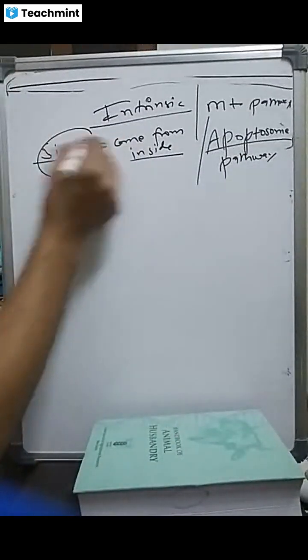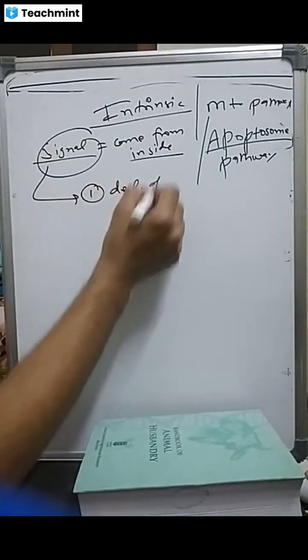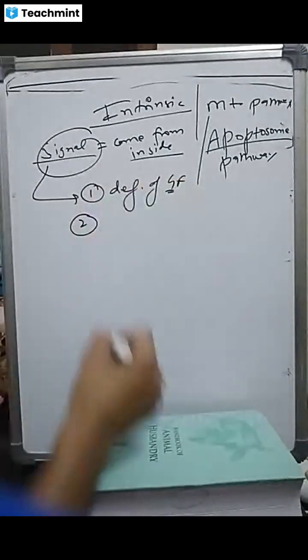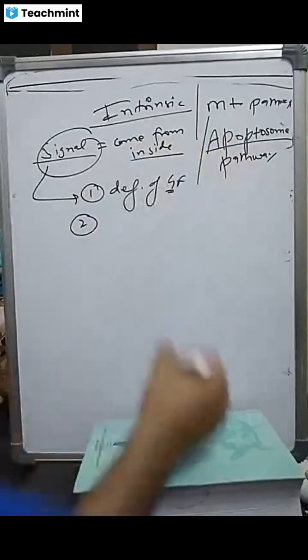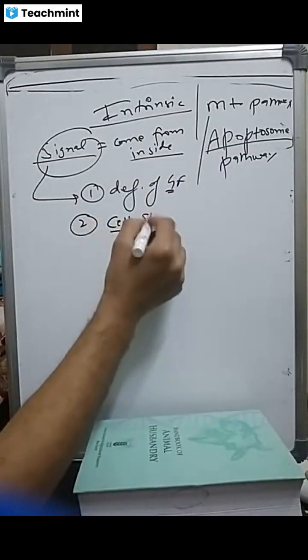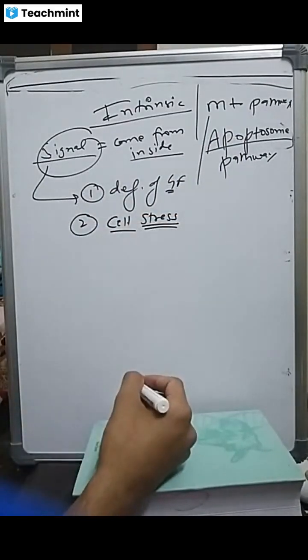The signal may be, number one, deficiency of growth factor or hormones. No growth factor, no growth of the cell. Second, the signal may be any kind of cell stress.